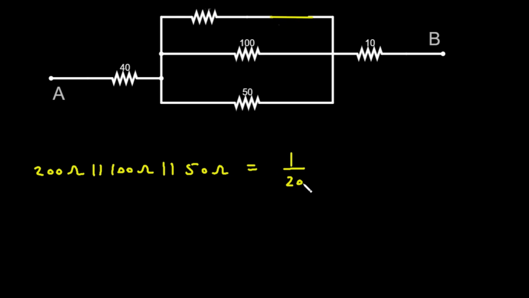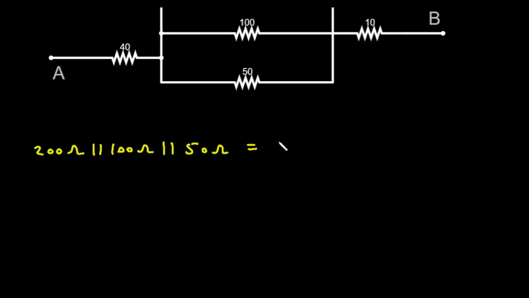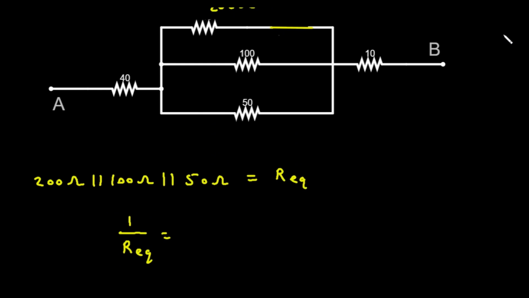Let's say it is Req. Now 1 upon Req is equal to 1 upon 200 plus 1 upon 100 plus 1 upon 50.